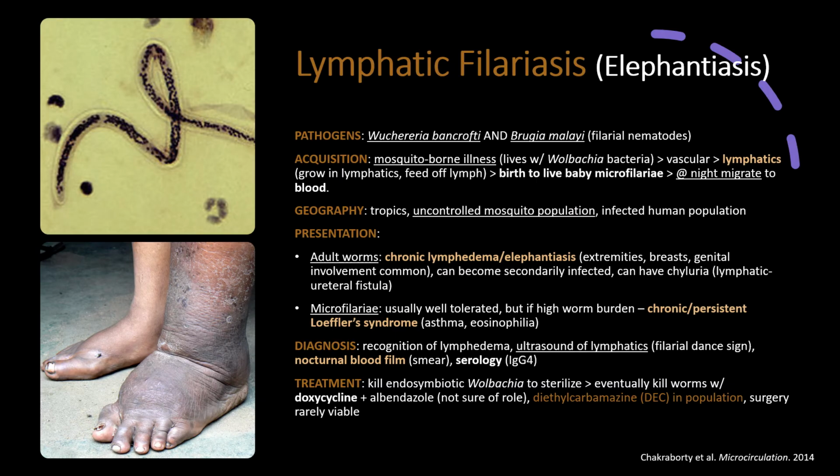An important nematode infection carried by mosquitoes in the tropics is lymphatic filariasis, sometimes known colloquially as elephantiasis, which is caused by one of the filarial nematodes, a specialized group of nematodes called filaria, which always have an arthropod vector. Two important filaria are Wuchereria bancrofti and Brugia malayi, although there are others.